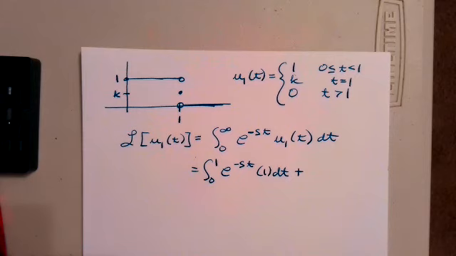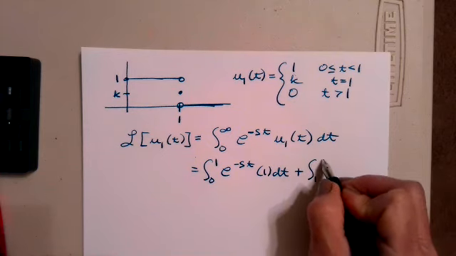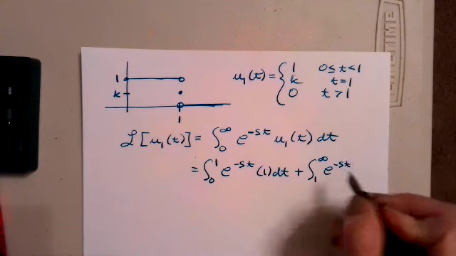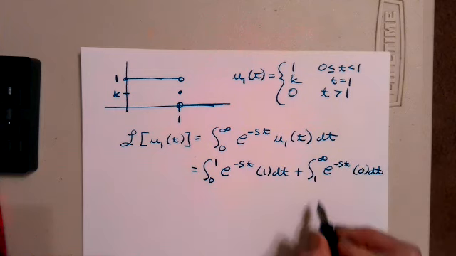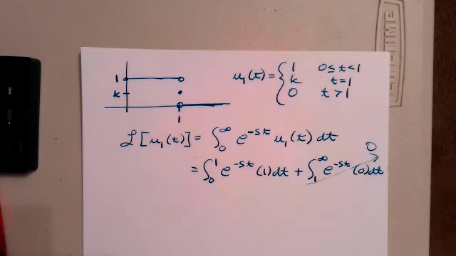Think of it as the area under that point, that's a line, and the area of a line is 0. Plus the integral from 1 to infinity of e to the minus st. And what's the value of u there? It's 0 dt. So this one becomes 0 because you multiply by 0.